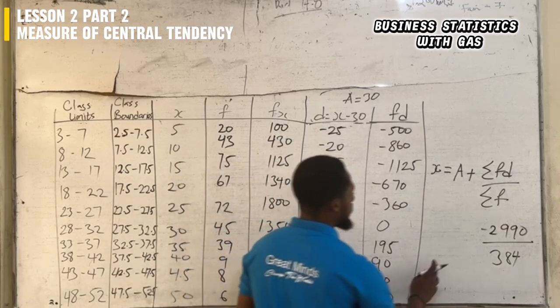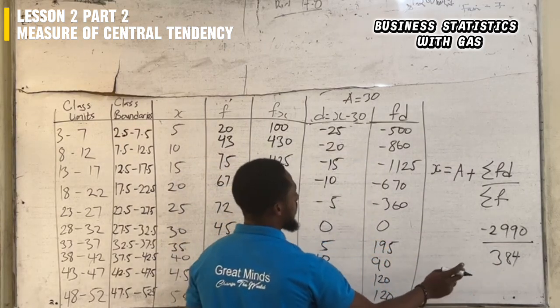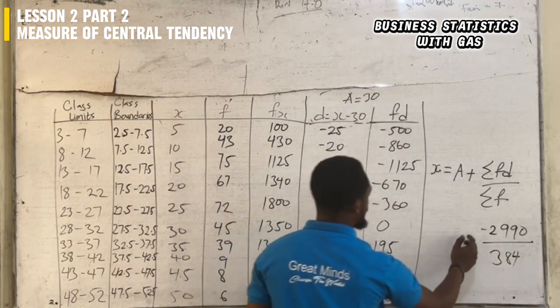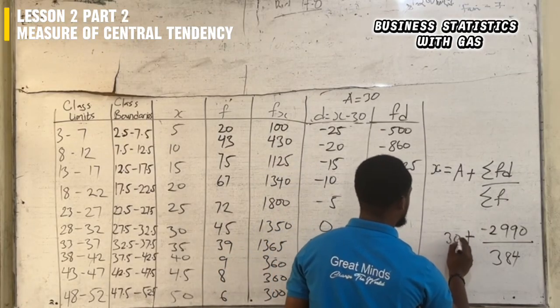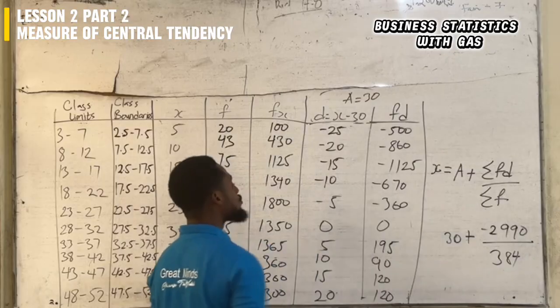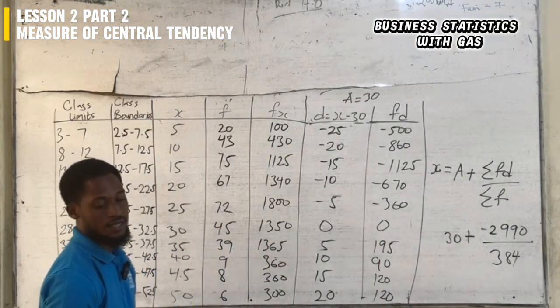So now we have our sigma FD and our sigma F. The A was given to be 30.